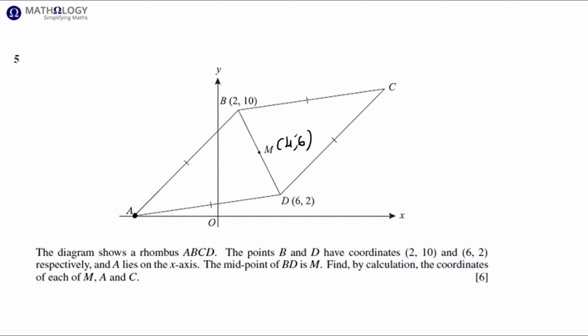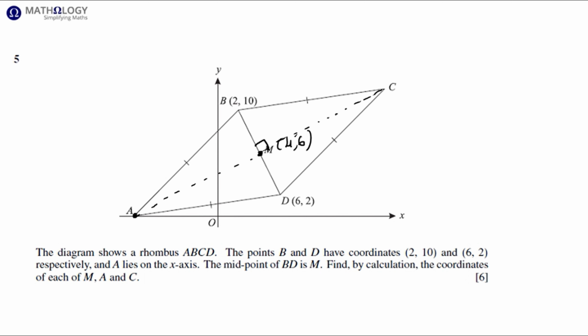A better way is to construct the diagonal AC. Now ABCD is a rhombus, and the diagonals of a rhombus bisect each other at 90 degrees. So we know that BM is perpendicular to AC. So we could determine the gradient of AC and the gradient of BD, and work that way.